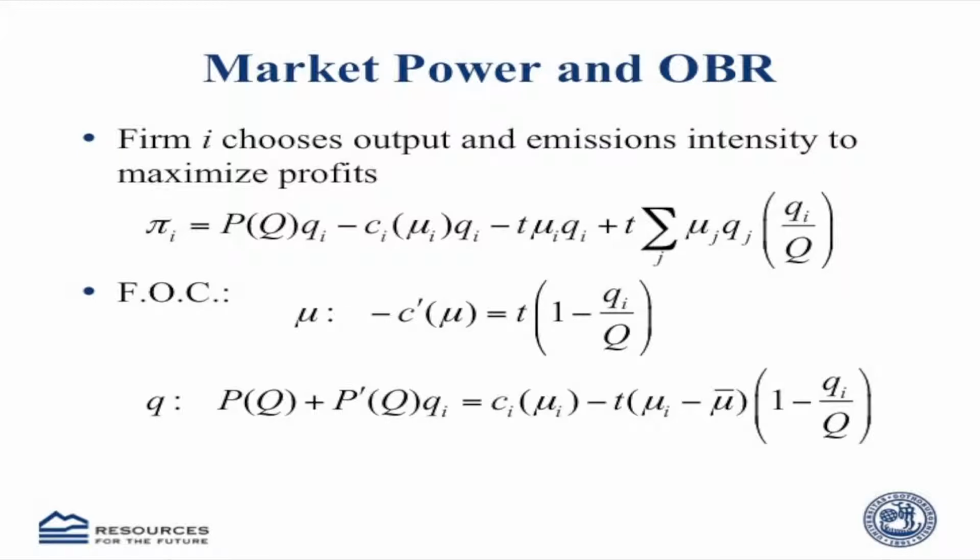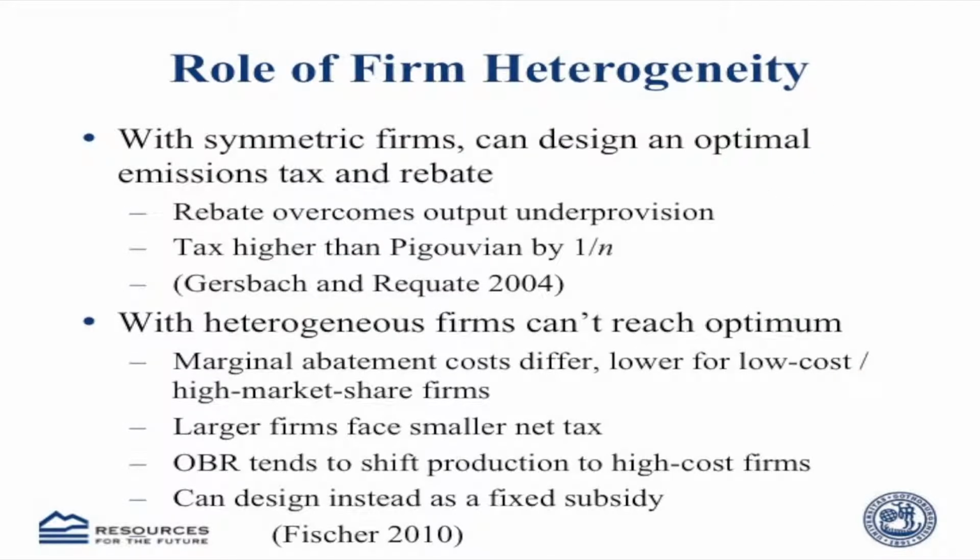Okay. There can also be issues if you have heterogeneous firms. So if all the firms are alike, then you can think, okay, well, I can actually design an optimal scheme here.